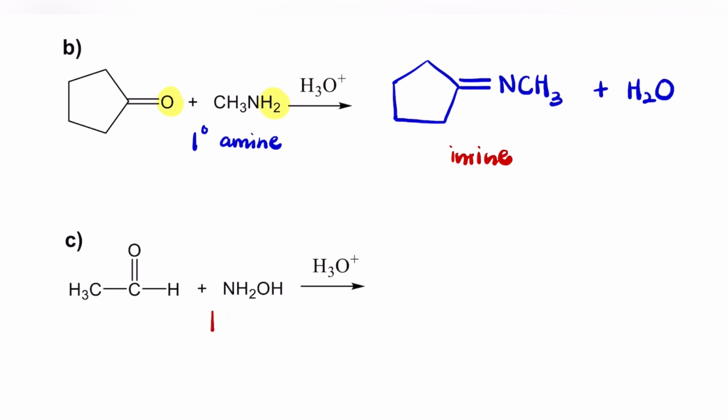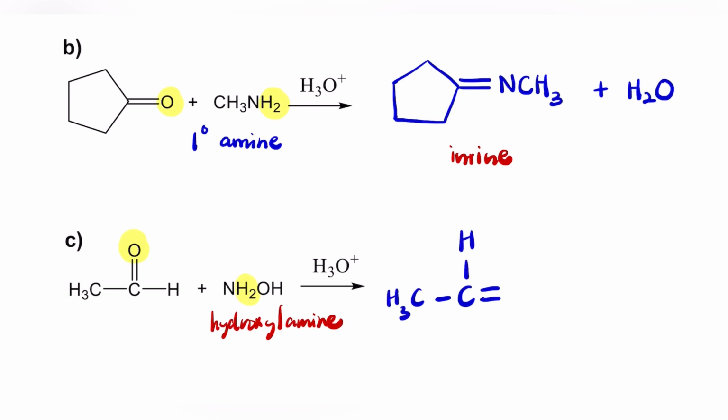Next one, we have our aldehyde reacts with hydroxylamine. So this is hydroxylamine. When you want to condense, just same as before, the same concept, you are going to get rid of the O from carbonyl group, and H2 is coming from the hydrogen that is attached to nitrogen. So I'm going to combine all together. The structure will be C, and then you have CH3, and then after that you have hydrogen.